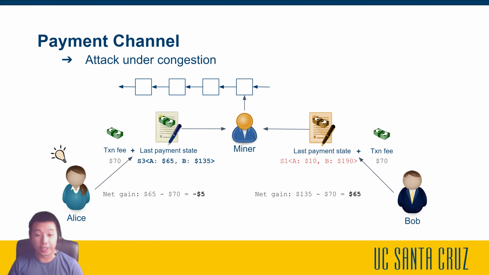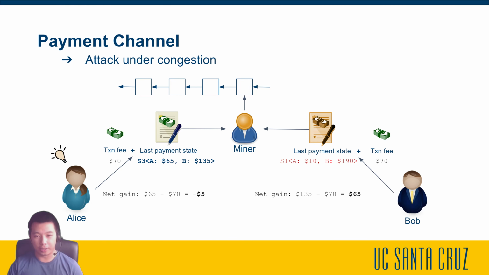Or she can choose to dispute, but spending $70 to send the transaction results in her losing $5 out of her own pocket. So the best way forward for Alice would be to simply let Bob perform the attack so that she can claim $10 later on.